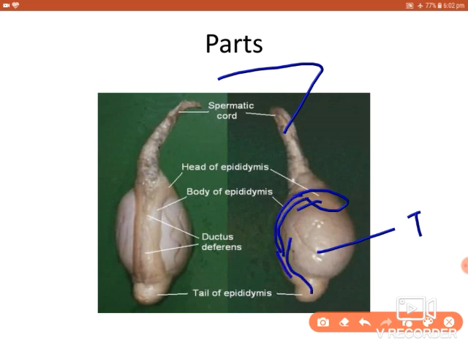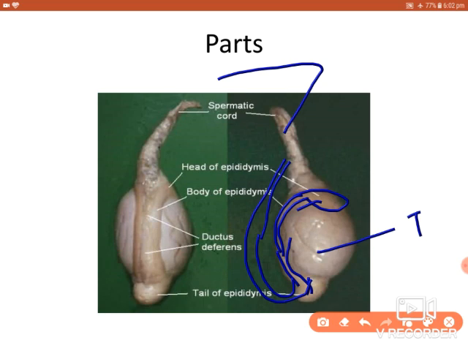Then it tapers to form the tail of the epididymis and continues as the vas deferens or ductus deferens, which transmits the spermatozoa. Spermatozoa are produced in the testis, stored and matured in the epididymis, then transmitted through the vas deferens into the prostatic part of the male urethra.